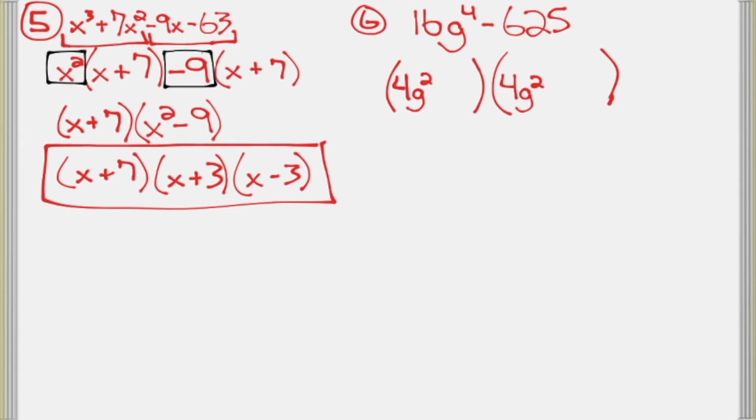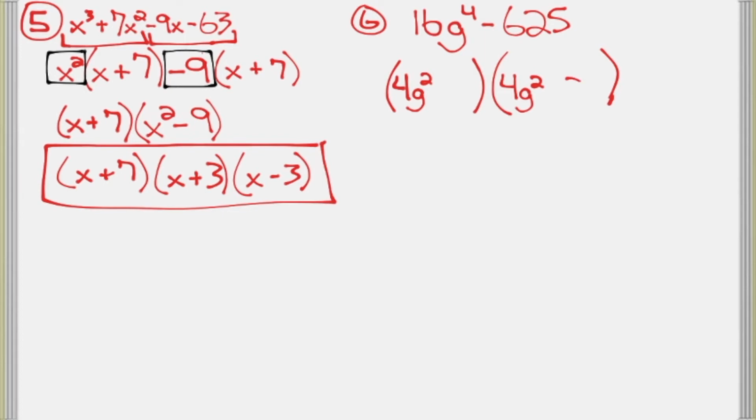Then we see that we have negative 625. But what you notice again is that there's no middle term in there. So what that means is that we're going to have to find a square. So 5 times 5, 6 times 6, 7 times 7. The same number multiplied by the same number. Well, on negative 625, we could just take the square root of 625 and see what that is, but I'm just going to go ahead and do that.